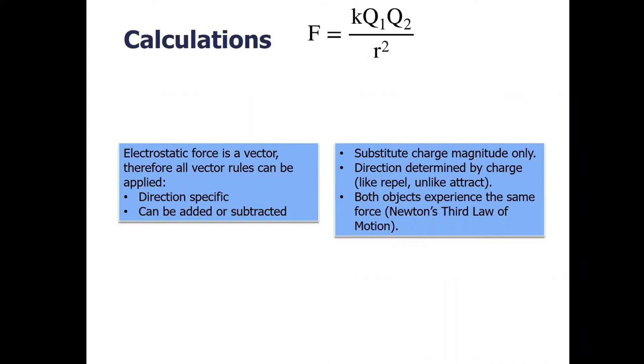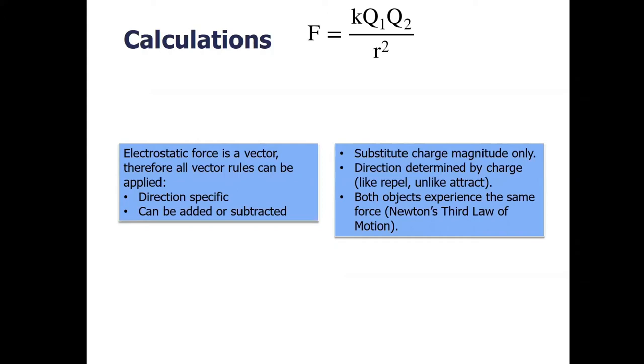The positive and negative here tell us what kind of charge there is, and that tells us if our field is going to radiate outwards, or if our field is going to radiate inwards, or if our two charges are going to attract, or if our two charges are going to repel. So the direction of the force and the direction of the field still needs an extra step of reasoning. You have to think about it a little bit. So you can't just go, okay, well, this one's negative and that one's positive, so this one must be left and that one must be right. You've got to think about it, okay?